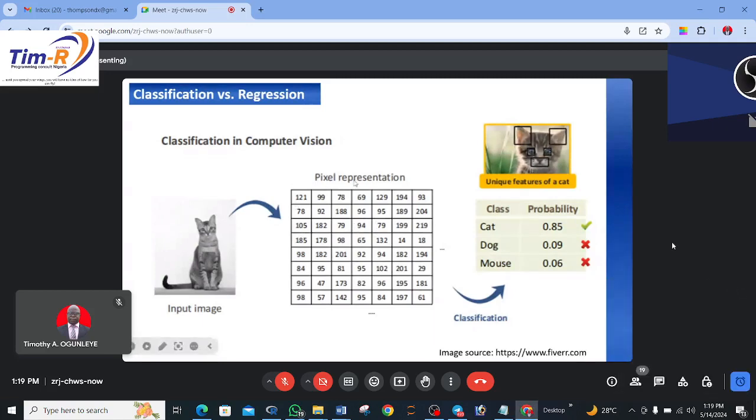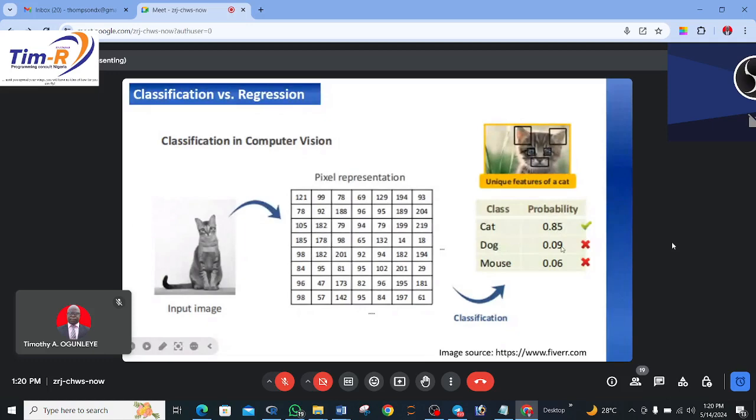So we are converting this pixel representation using classification. Anytime we want to predict a cat, we need to look at this pixel representation. We have some classes to compare with: cat, dog, and mouse. The probability that this is a cat based on this pixel representation of the input image is 0.85.